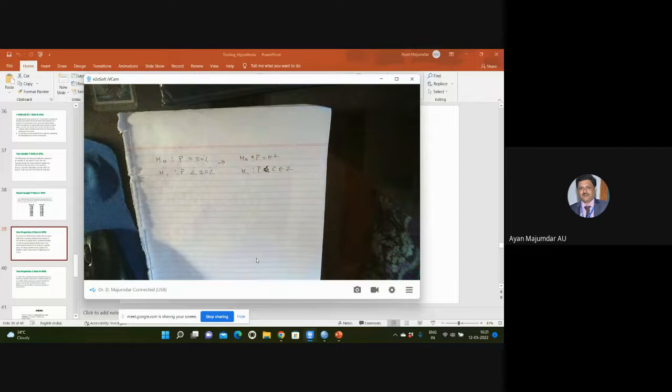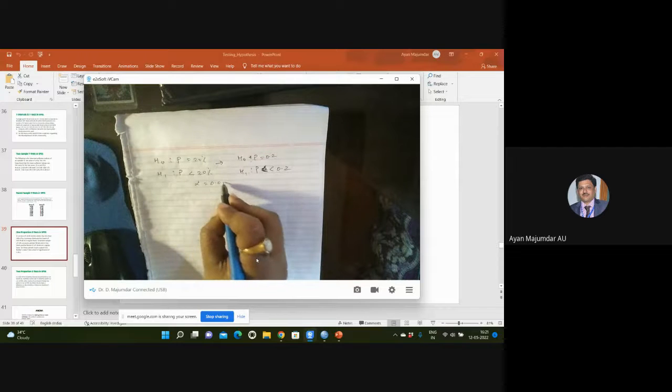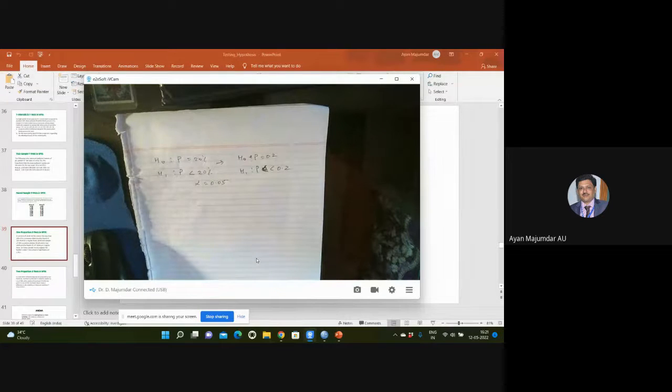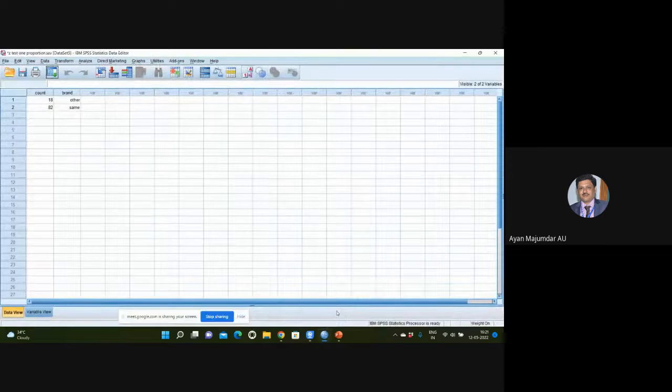So this is the null hypothesis and alternative hypothesis. The level of significance is 5%. Now, in SPSS, we don't have any direct command for carrying out the Z test. So we will do it in a roundabout fashion.